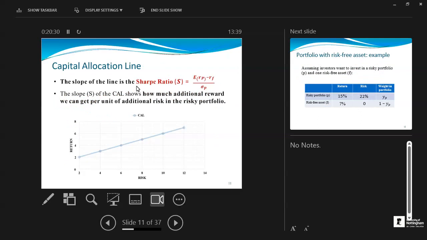The excess return: the expected return on the risky portfolio minus the risk-free rate. This is the excess return, divided by the risk of the risky portfolio. So excess return over the riskiness of the portfolio is what we call the Sharpe ratio.